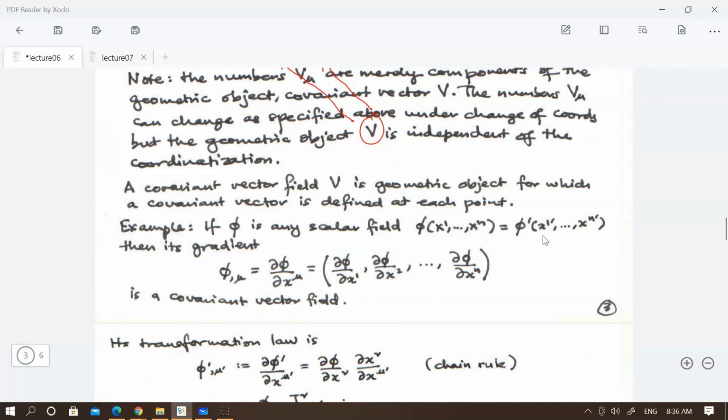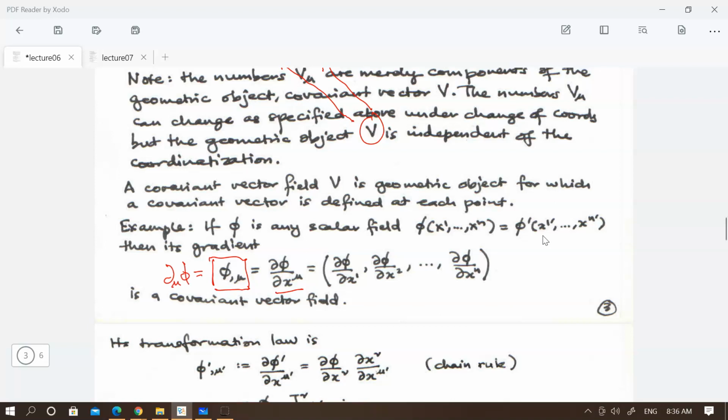This object is now defined for all points in that particular space. Sometimes it's written in this form, phi comma mu, which denotes this thing. This is just one of those old notations that relativity sometimes uses. There's another version of this, written as d mu phi. These are just symbols to represent this object.